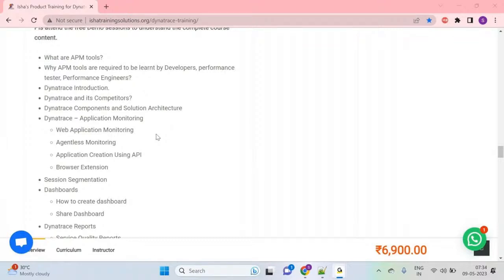If you check any job description in the market, one APM tool is bare minimum nowadays. In that, as usual, Dynatrace is a familiar tool in the market, so obviously learning this tool is a value add. There are also performance testers who joined this forum.